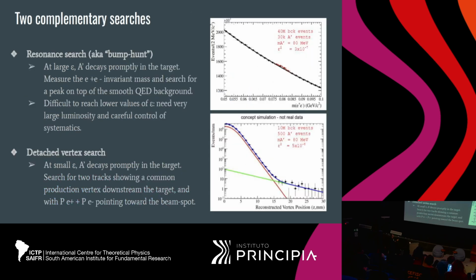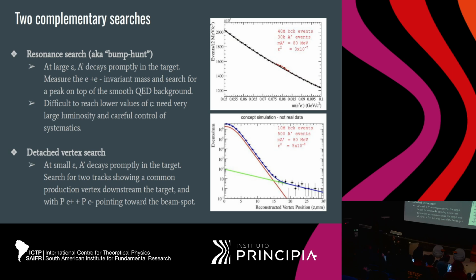So here there are, as I said, two distinct search strategies for HPS. The first one is the resonance search. This is a simulation, not real data, unfortunately, where some fake signal was injected.